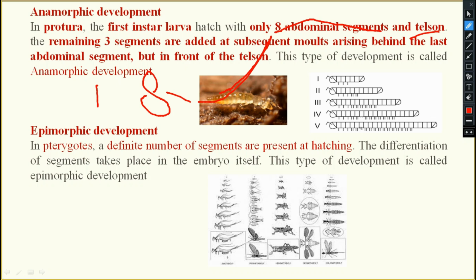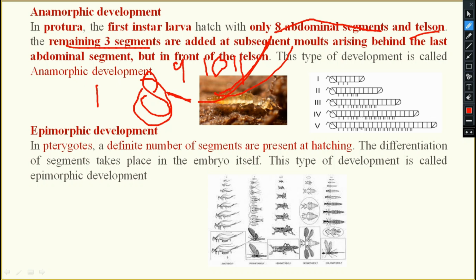When they are hatched into larva, the remaining 3 segments, that means 9th, 10th and 11th, will be added before the telson after the 8th abdominal segment. Such a process of addition of abdominal segments between the 8th one and the telson is known as what? Anamorphic development, additional development.